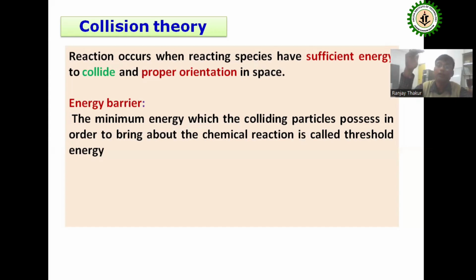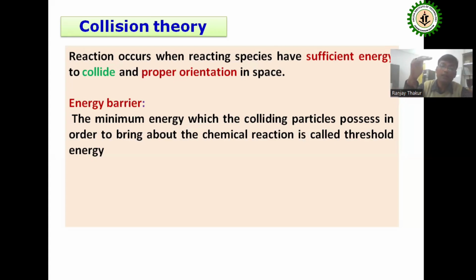So that level of energy, the minimum energy that glucose molecules are required to reach, is called threshold energy. Once the reactant molecules reach their threshold energy, when their internal energy reaches up to the threshold energy, they are able to give product.